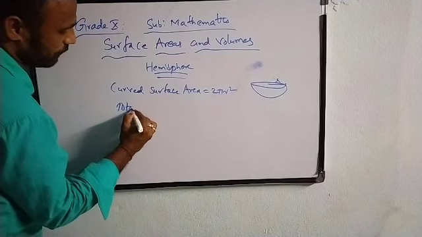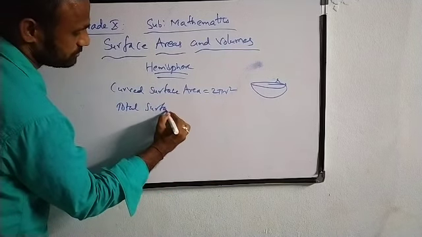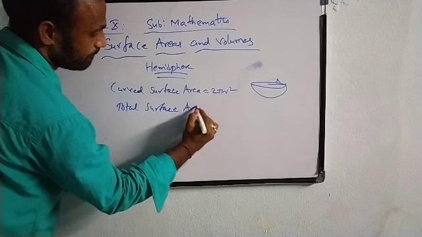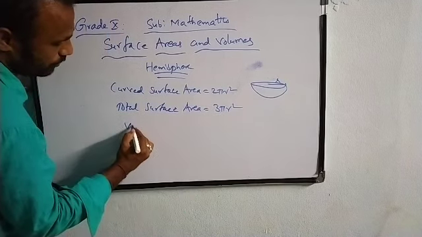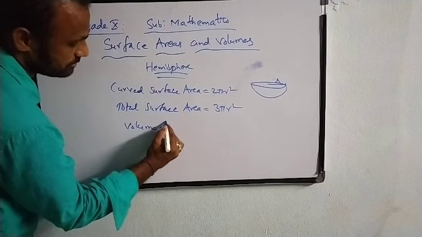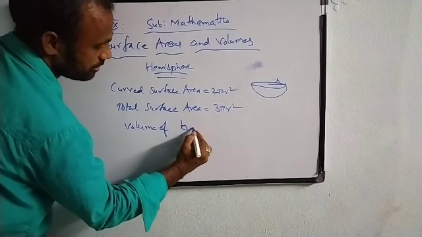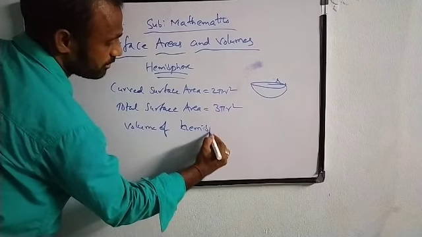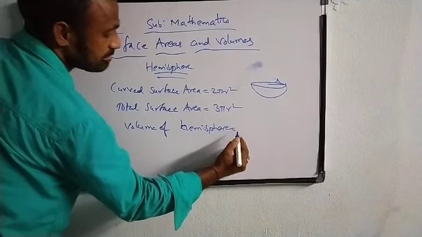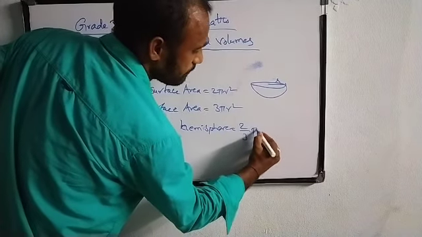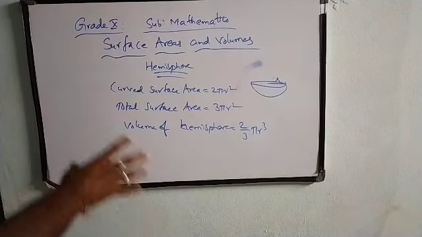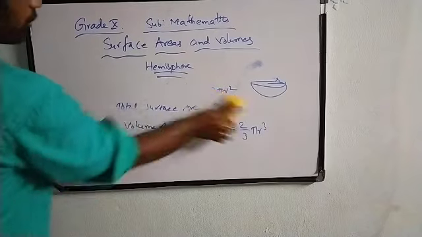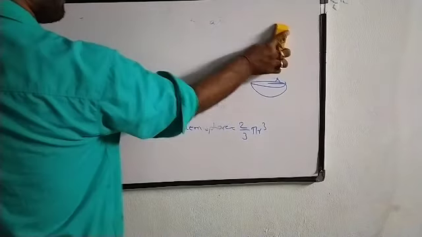Total surface area of hemisphere is 3 pi r square. Volume of hemisphere is 2 by 3 pi r cube. These are the various formulas which we have to know. Now let us start the exercise questions directly.